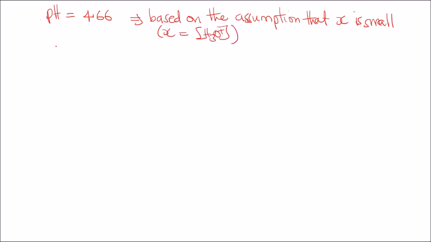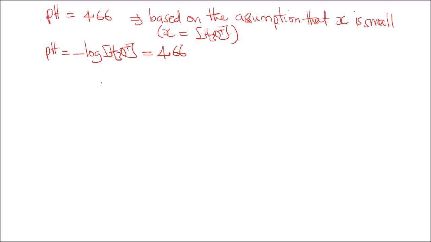So we go back here. We know that pH is equal to negative log of the concentration of the hydronium ion, which is 4.66.